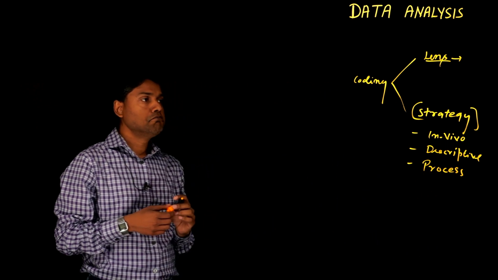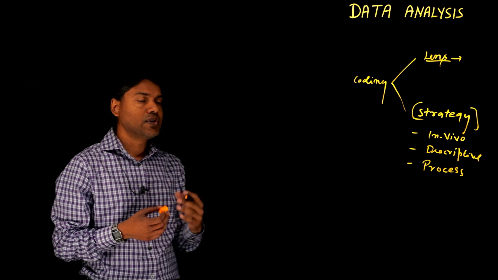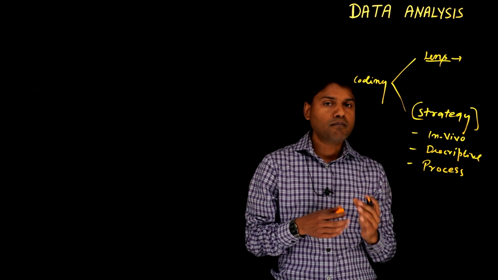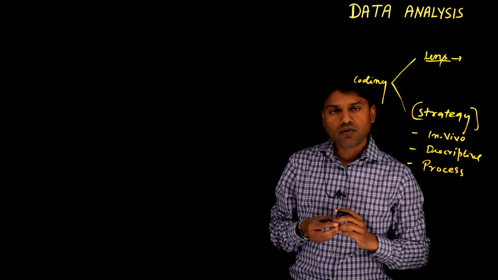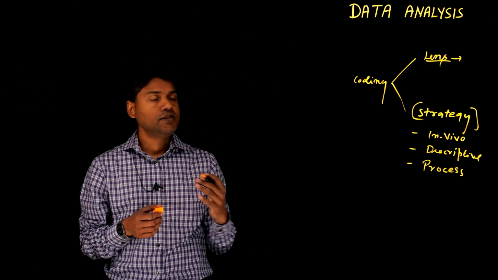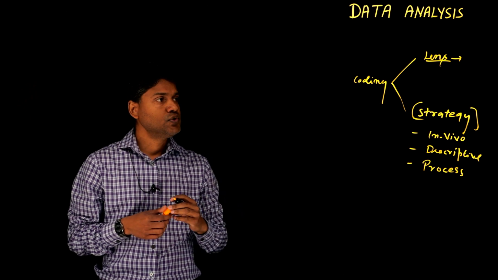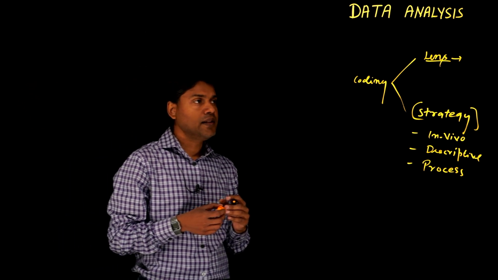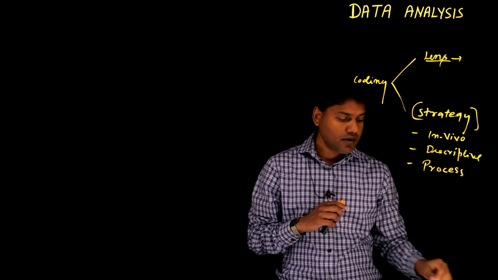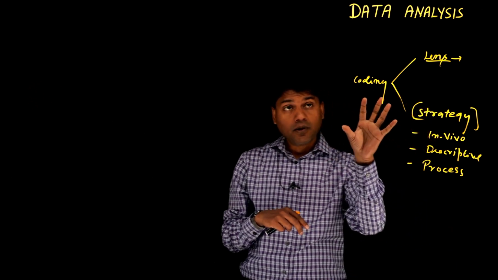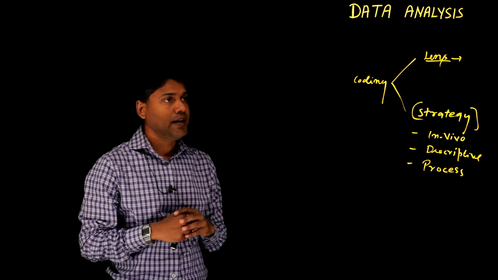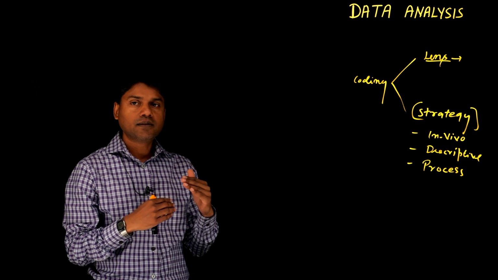Based on my coding strategy, my coding method, my codes might look different from another researcher's. So the codes that we generate may differ based on a researcher's interpretive lens as well as the strategy that a researcher adopts for the coding process. So that's briefly what I wanted to highlight, that coding is an interpretive act. It includes subjectivity.